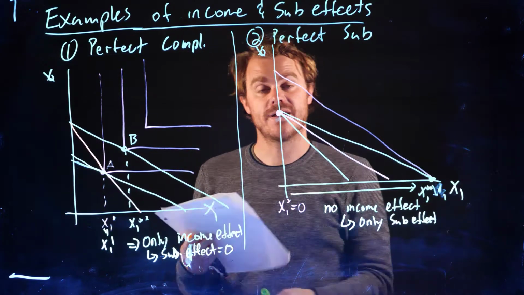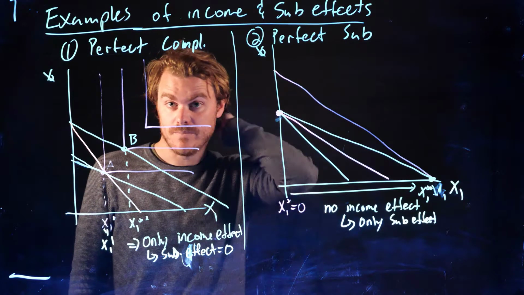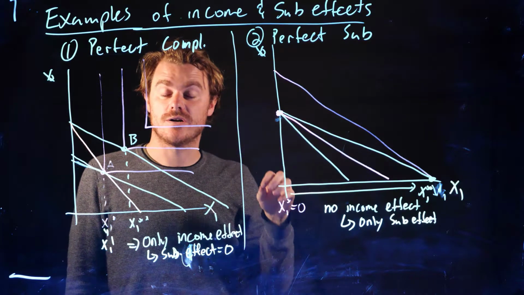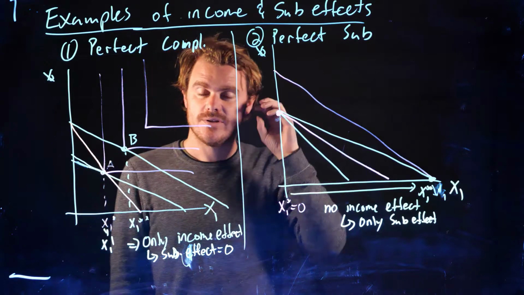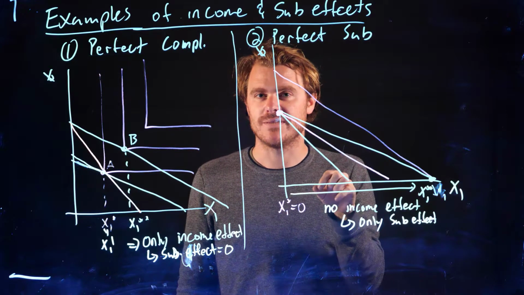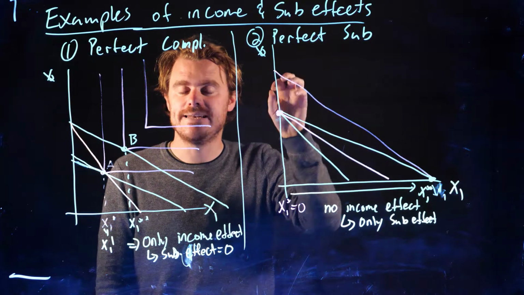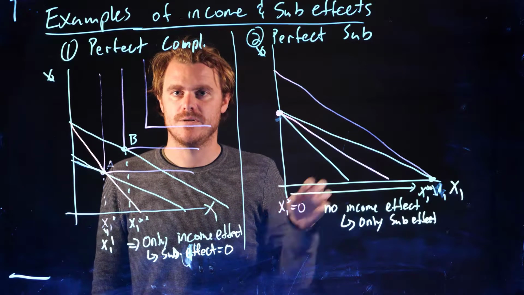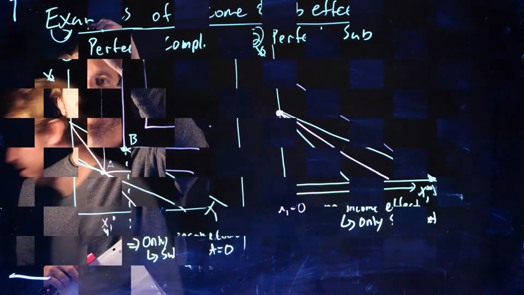The other one we've already seen is quasi-linear utility or indifference curves. And so let's erase this and briefly talk about that, but we've already seen what happens, right? One of them was independent of income. So let's erase this and quickly talk about that.